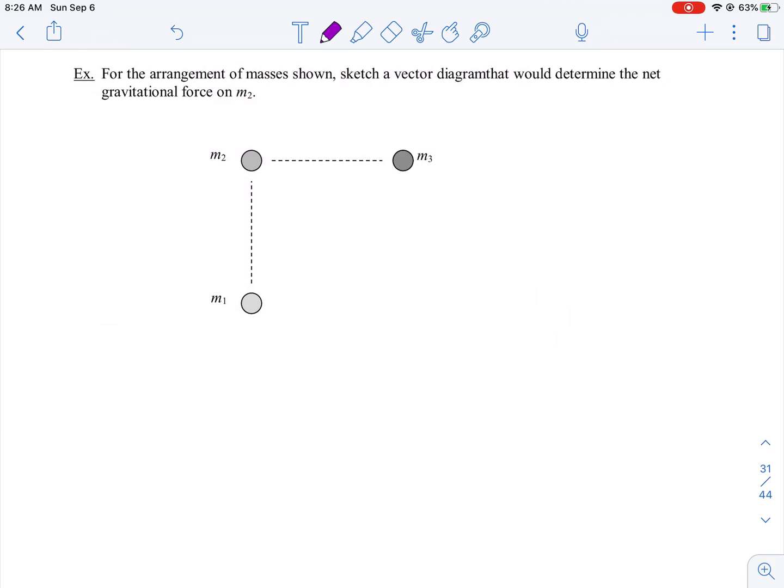So we're looking for the net force on M2. So again, M1 is going to exert a downward force on M2 of attraction, then 2 exerts an equal but opposite force on M1. And there's our, again, we care about M2, so that's your Fg21.